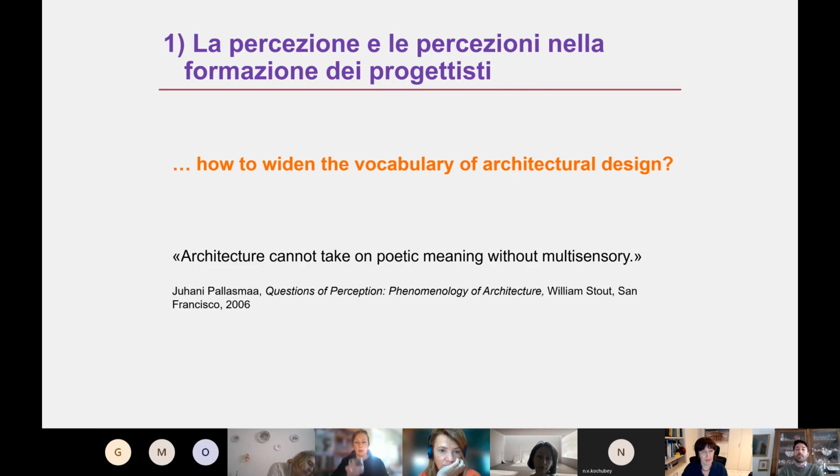Architect Juhani Pallasmaa emphasized that multisensoriality is the aspect that allows architecture to take on poetic meaning, thus allowing its aesthetic characteristics to be fully appreciated.